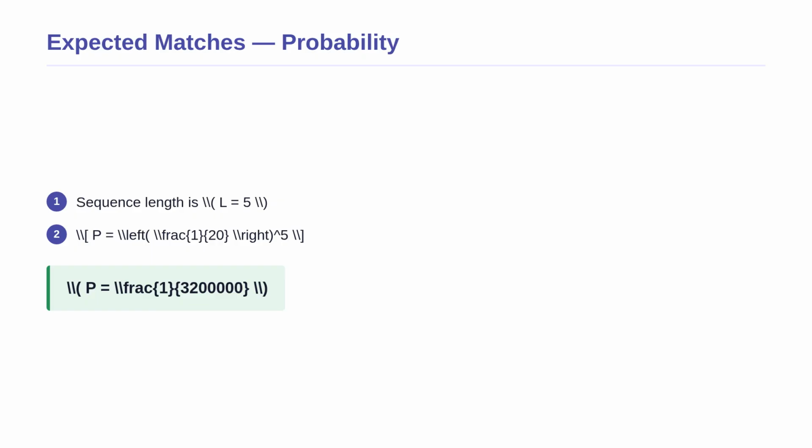First, we must calculate the probability, p, for our 5 amino acid sequence. We use our first formula, plugging in L equals 5. Raising 1 over 20 to the power of 5 gives us 1 over 3.2 million. This tells us that finding this specific 5 amino acid sequence by chance is a much rarer event than our previous 3 amino acid example.